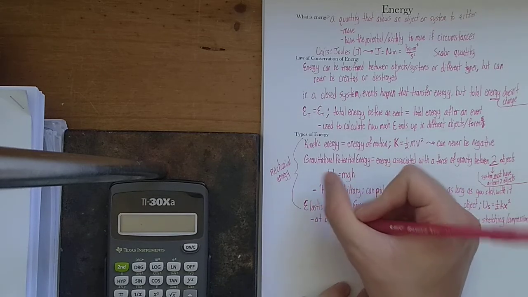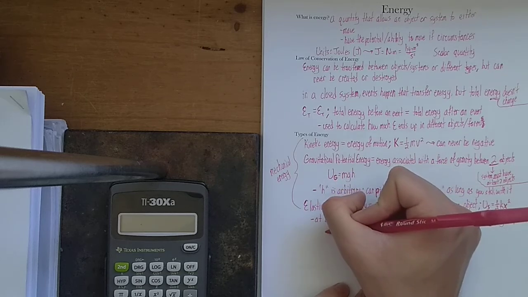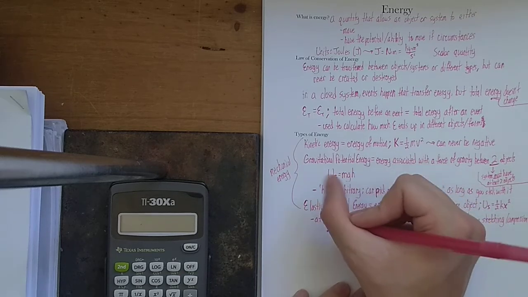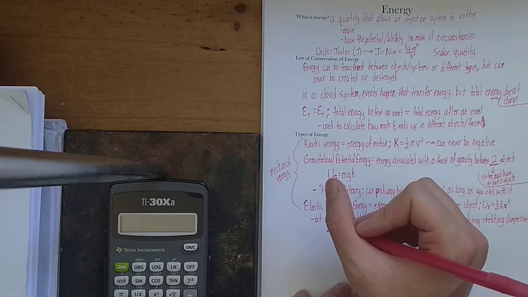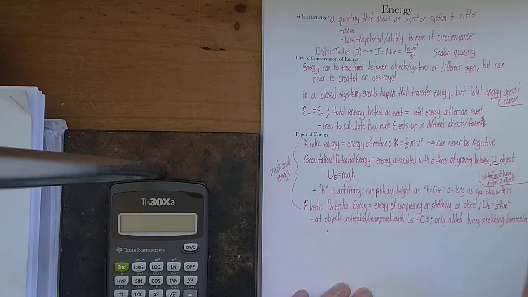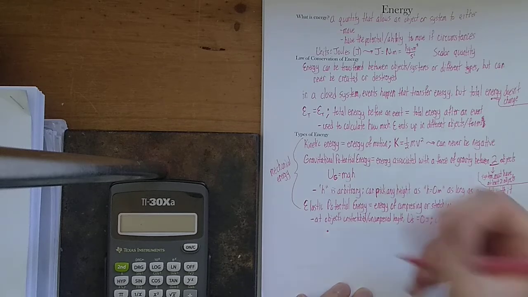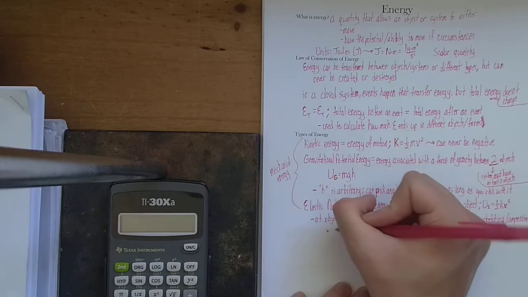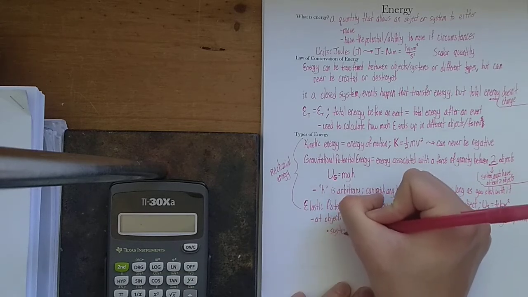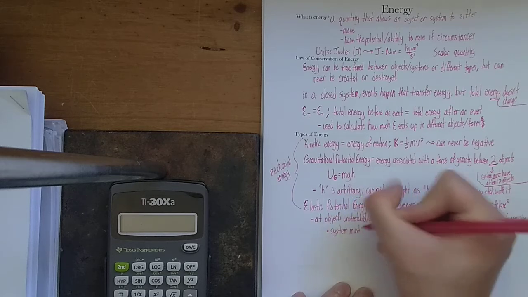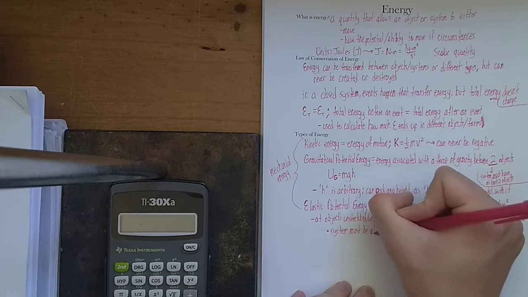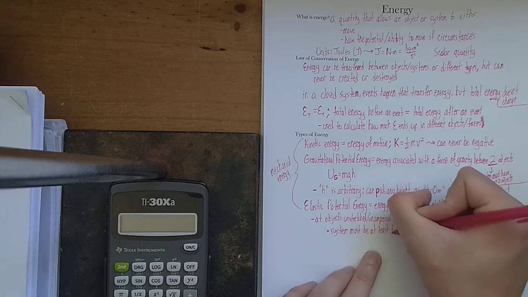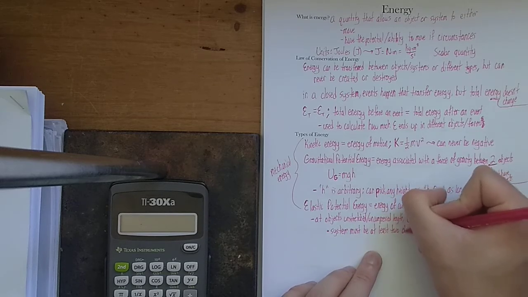And just as a couple other notes, what do I want to talk about first? Just like the gravitational potential energy, you needed two objects for a system to have gravitational potential energy. That's the same thing with elastic potential energy. The system must be at least two objects.